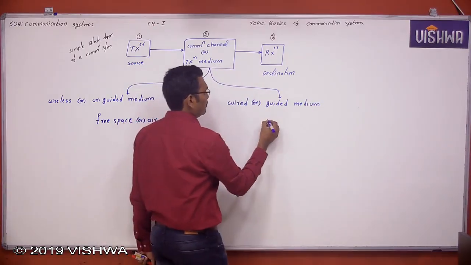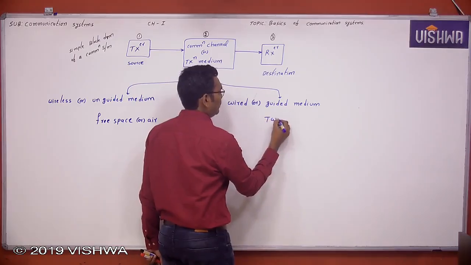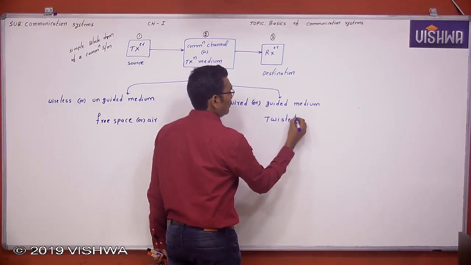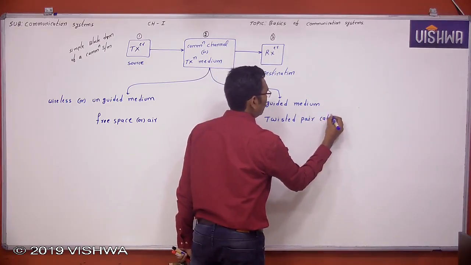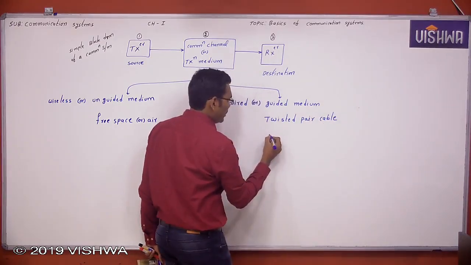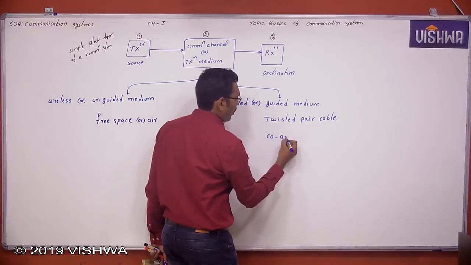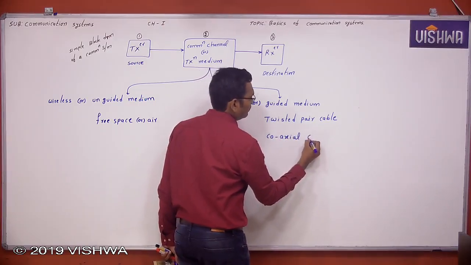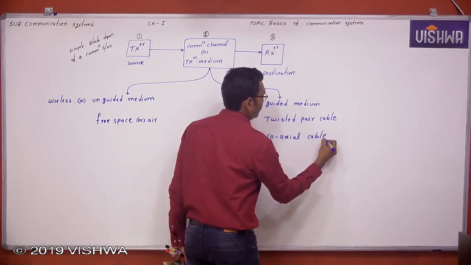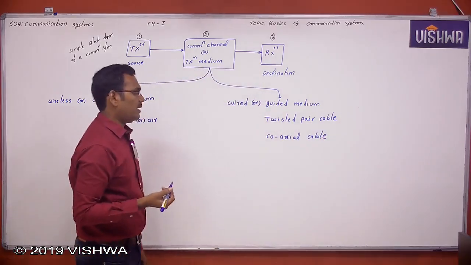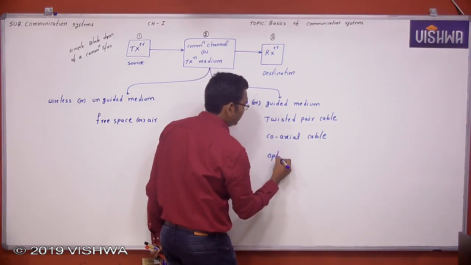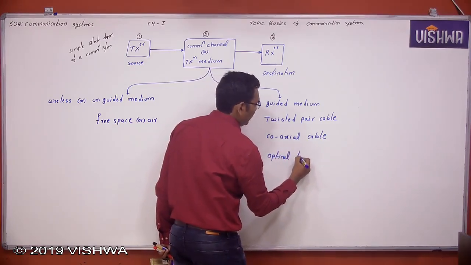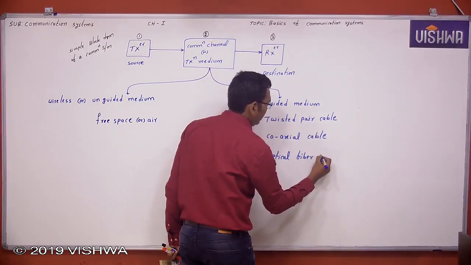Here, twisted pair cable means the old BSNL cable, and your dish cable is coaxial cable. Nowadays, most of the time we use optical fiber cable, fiber optic cable.